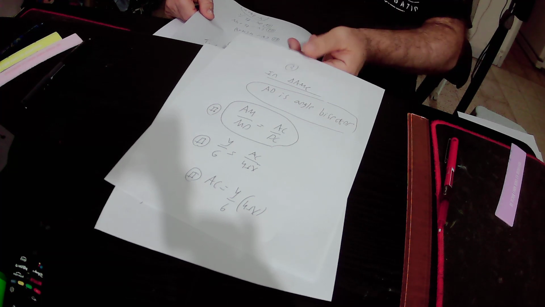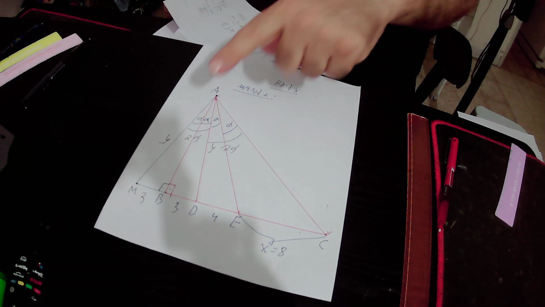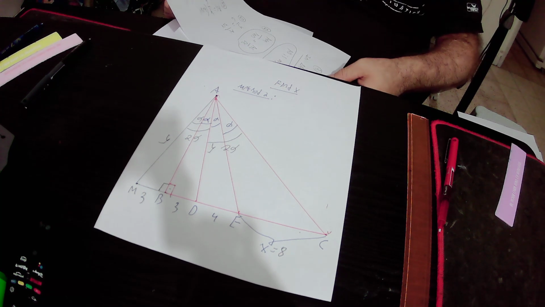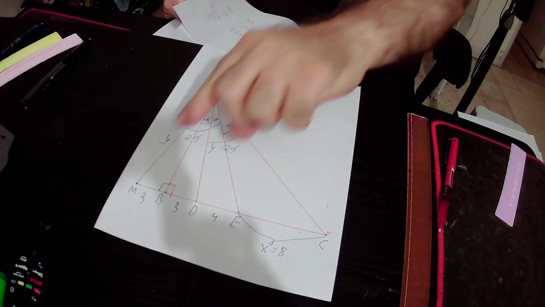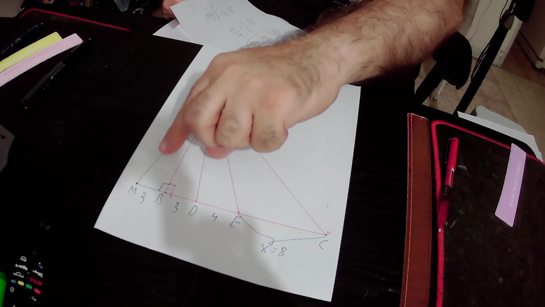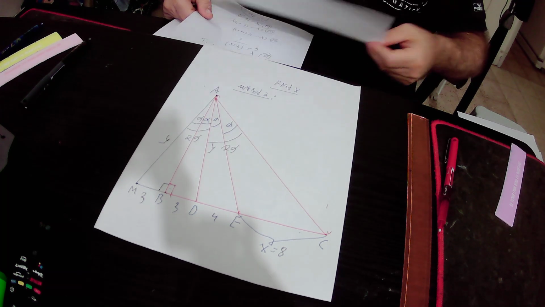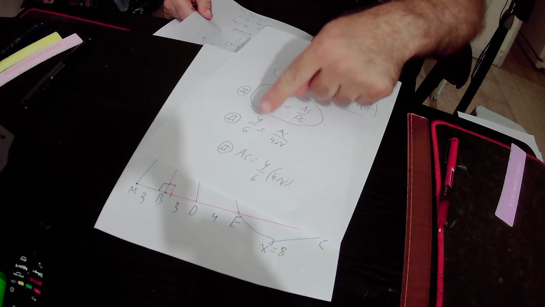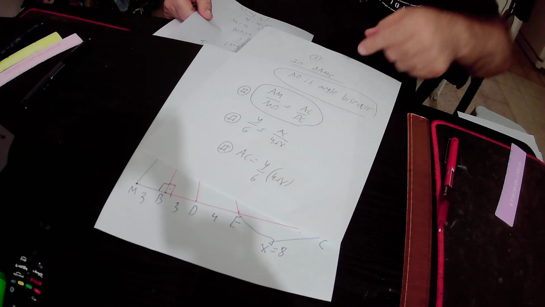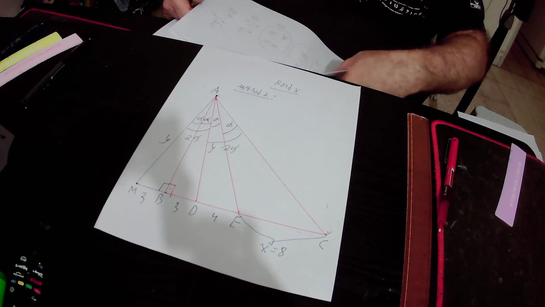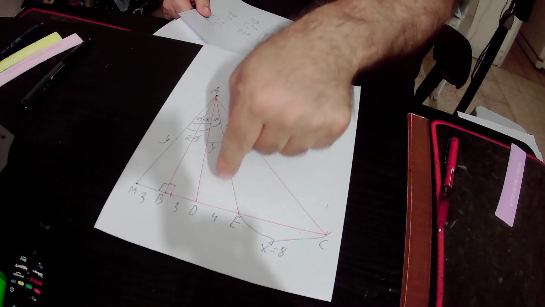We know that AM equals y according to our definition. MD equals 3 plus 3, 6. And DC equals 4 plus x.